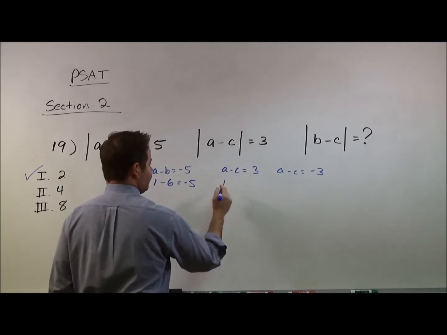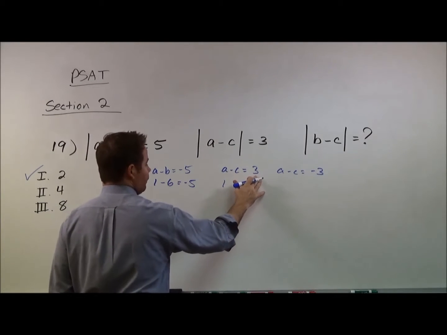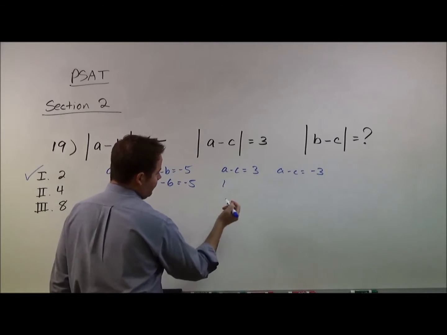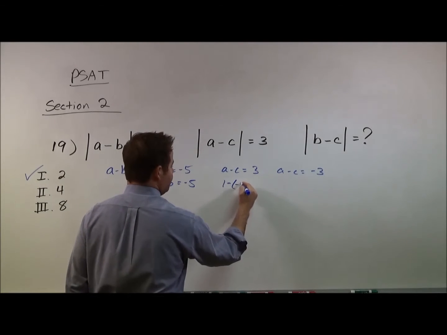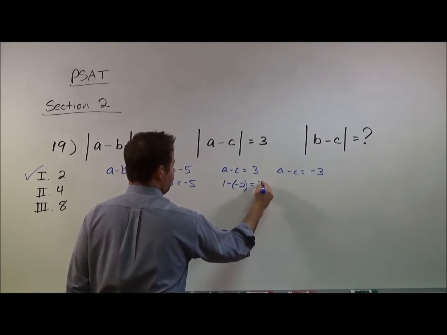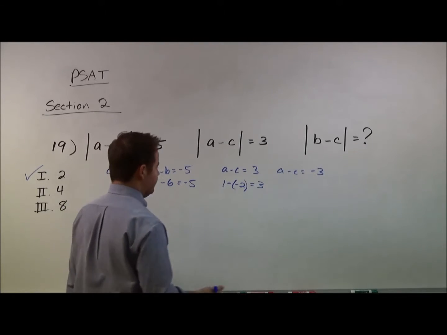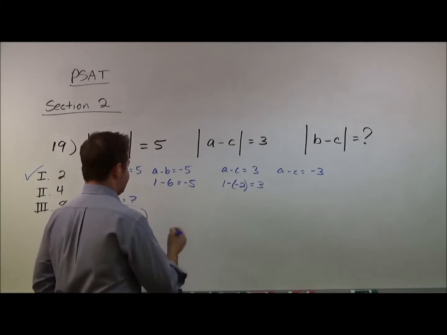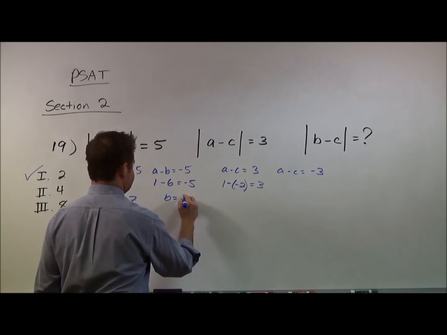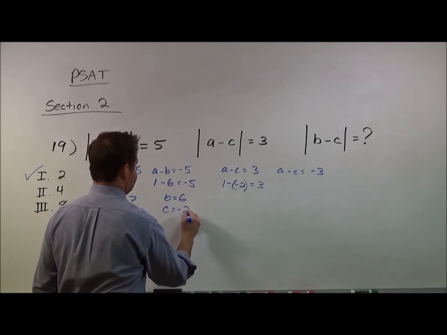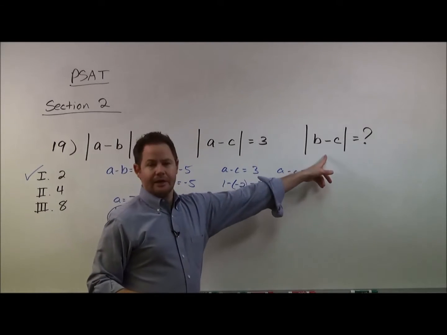So if we use 1 for a, to end up with 3, that would mean that c would have to equal negative 2 in this one.